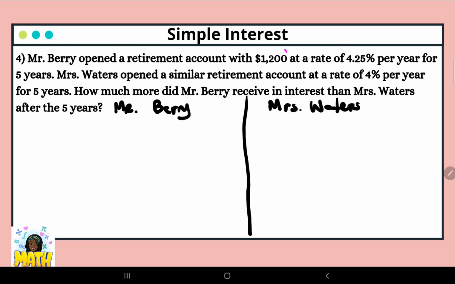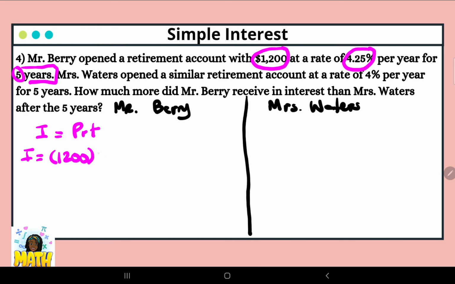So Mr. Berry is $1,200 at a rate of 4.25% and 5 years. Okay, so let's write our formula. I equals PRT. So this is equal to 1,200 times 0.0425 times 5.